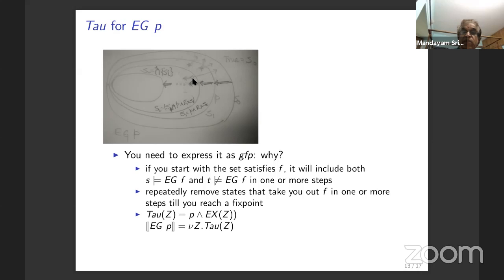Here it is expressed as you keep things that have at least one of its successors going into the current state, and it removes the others. And that's how you keep going. Then you take the intersection at each time, until you reach a fixed point.